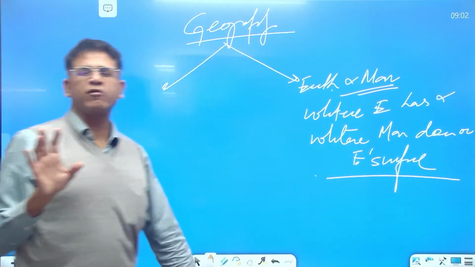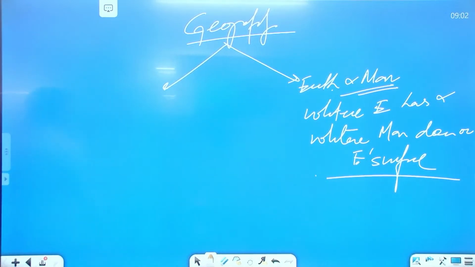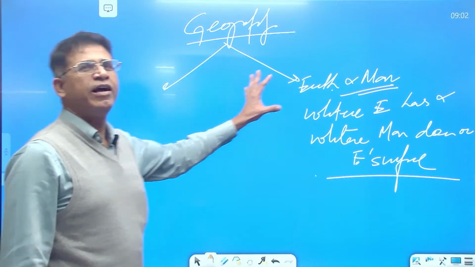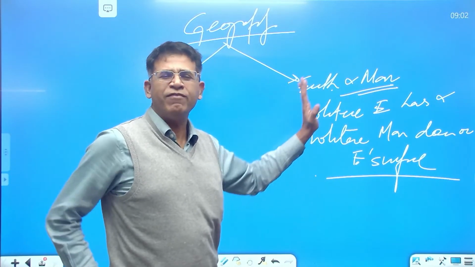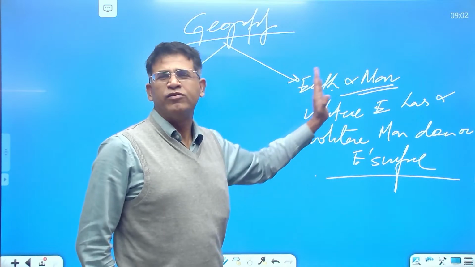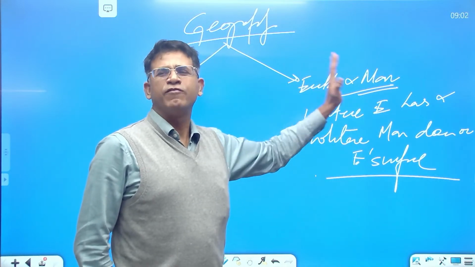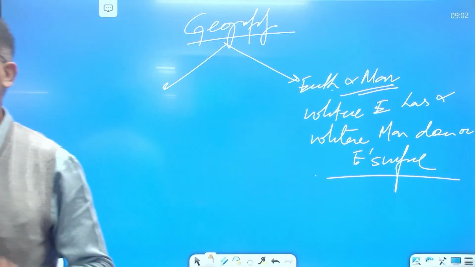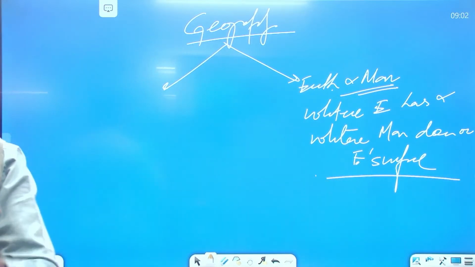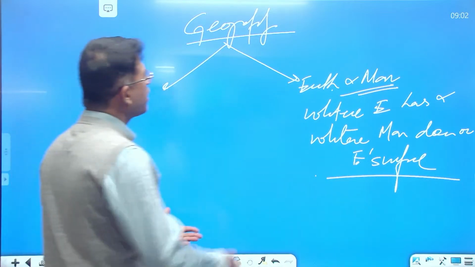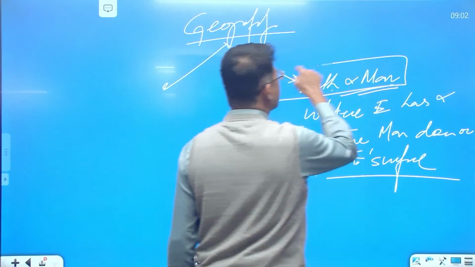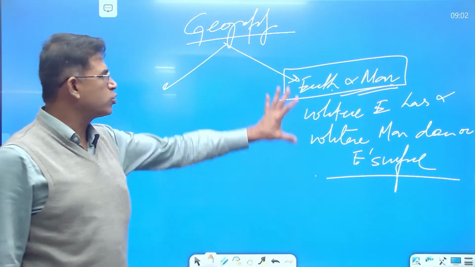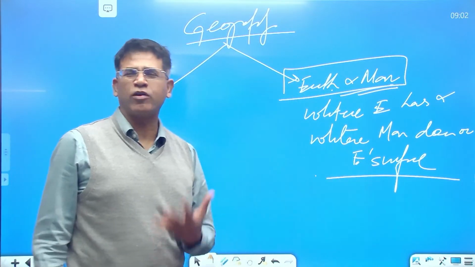This is one part of geography, earth and man. So what does the earth have? Atmosphere. Land. Water. Forests. What does man do? Agriculture, industries, trade, transport. So one part of geography is earth and man. This is what we know as the bulk of geography.